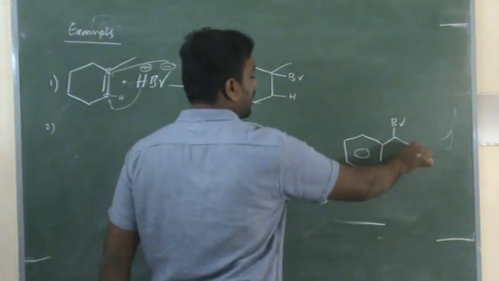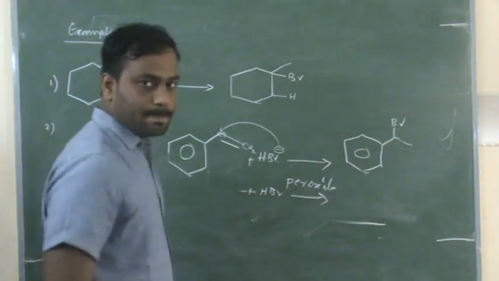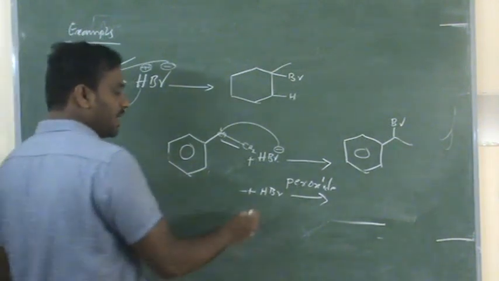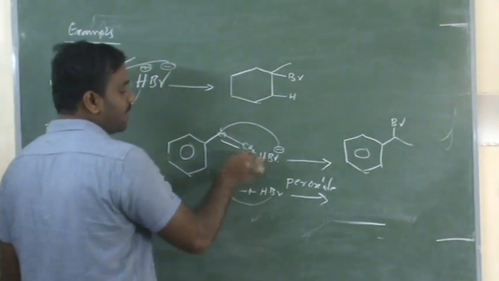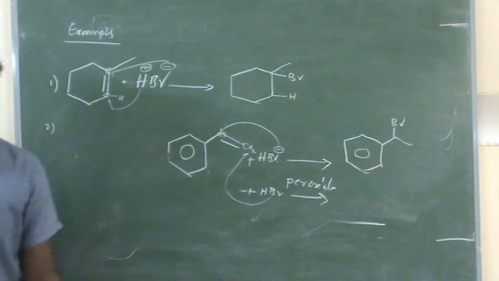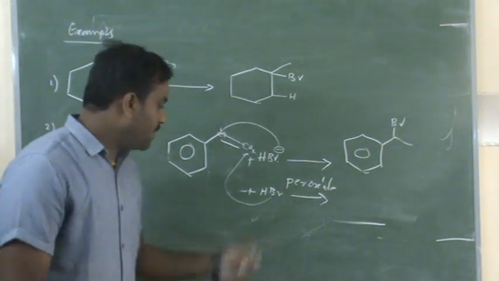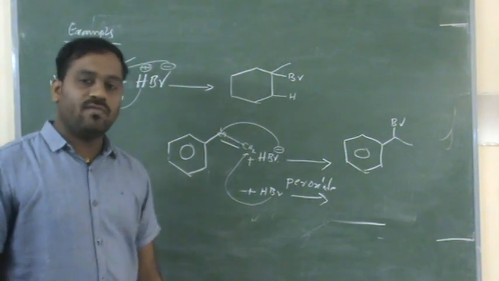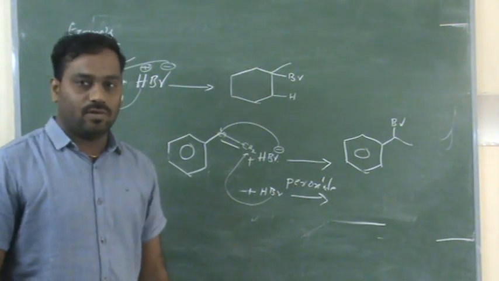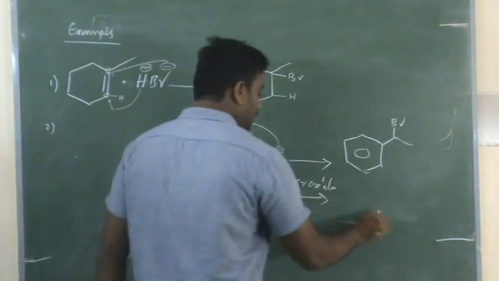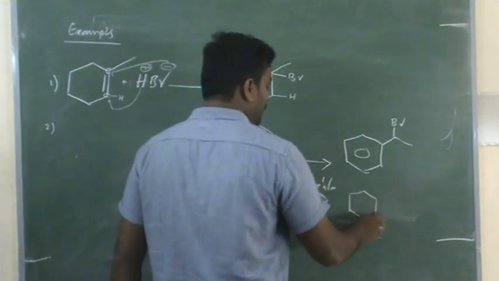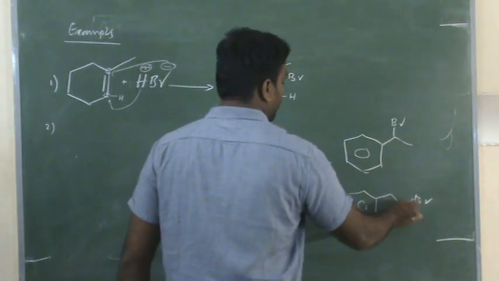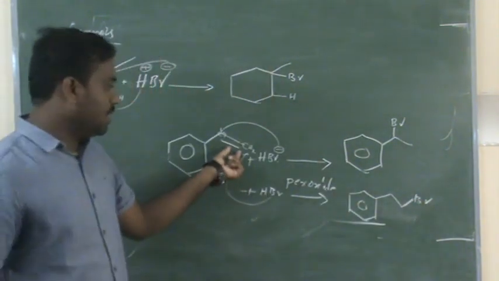Br is going to attack here, hydrogen is going to attack here. Okay, now here in the presence of peroxide catalyst, the Br is going to attack in the more number of hydrogen containing carbon. Why is the Br going to attack here? Because it's a peroxide, following which rule? Anti-Markovnikov rule. So the Br is going to attack the more number of hydrogen containing carbon atom which is attached to the double bond.